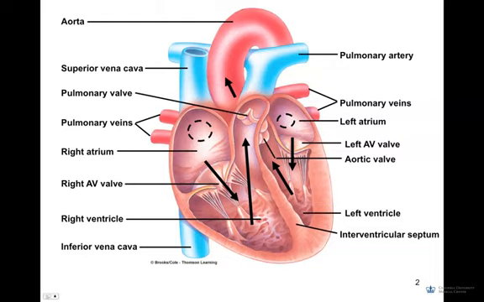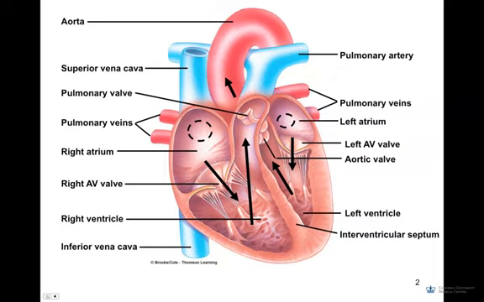Blood enters from the superior and inferior vena cava into first the right atrium. Okay? This dotted circle is meant to represent the entry of blood from those veins. From the right atrium, blood passes through the right atrioventricular valve, or AV valve, into the right ventricle.